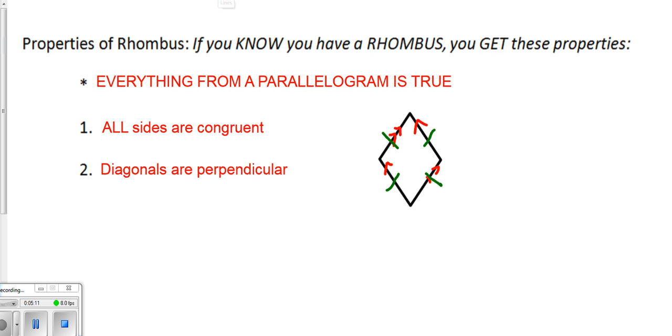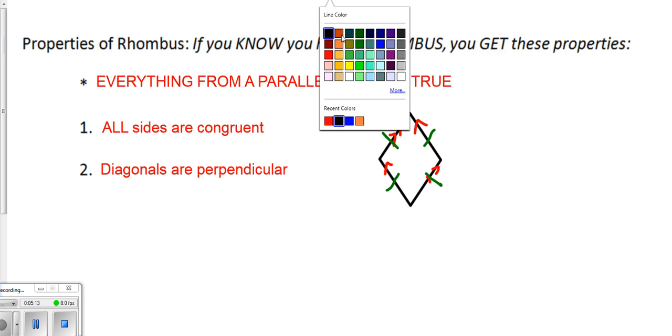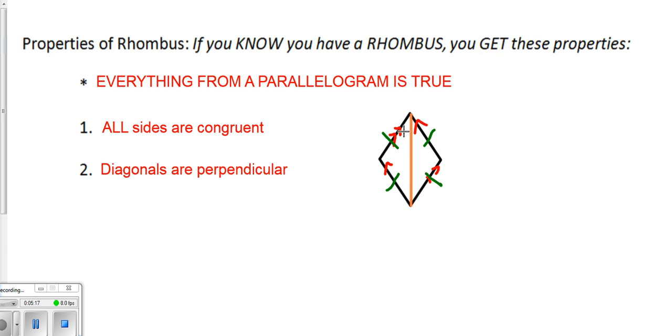And those diagonals, if we were to draw those in, so going here to here and here to here, okay, we know for a fact that they bisect each other. So we can say this, I'm going to use the one tick here, and this is the same as to here.